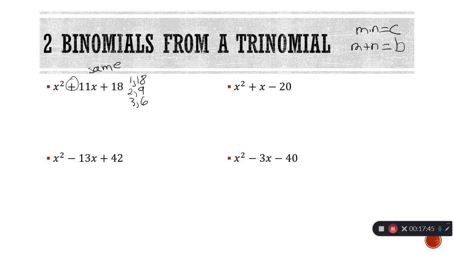Which of these add up to 11? 1 plus 18 is 19, that's out. 2 plus 9 is 11. 3 plus 6 is 9, so that's out. So we know that our numbers are 2 and 9. So it's x plus 2 and x plus 9. Easy as that.